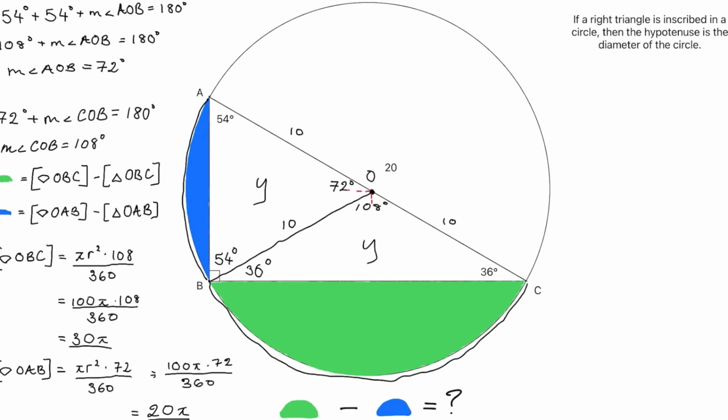Alright. Now, let's go back to our original formulas.